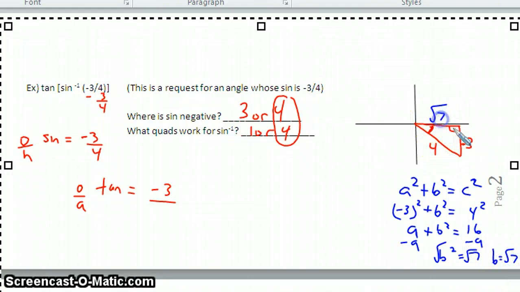And again, what's important for me to understand is when I put that on there, don't just assume it's positive. Check to make sure, according to the quadrant it's in, that distance should be positive. That should be positive because the x values are positive in the fourth quadrant. Very well could have done this problem in the third quadrant and got that to be a square root of 7, but I would have had to recognize that over here, the triangle was over here, this would have to be negative square root of 7 there.